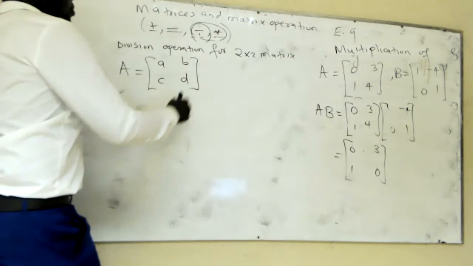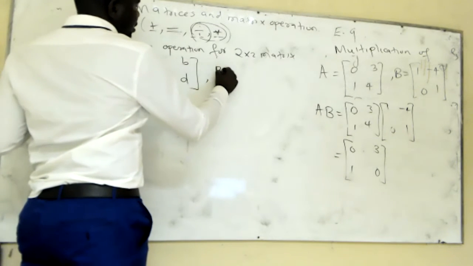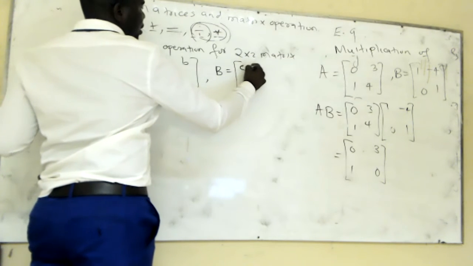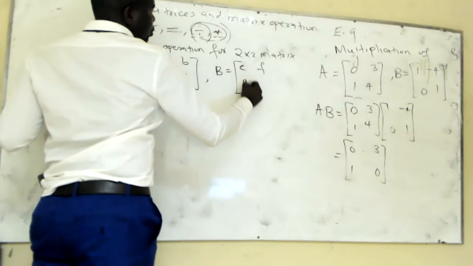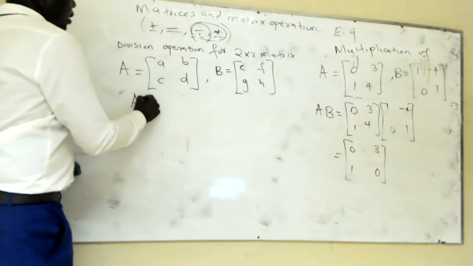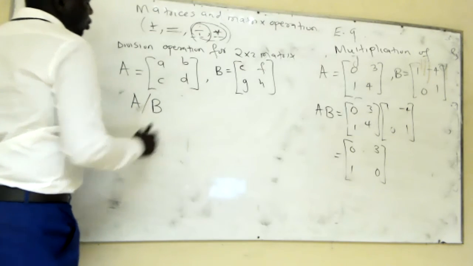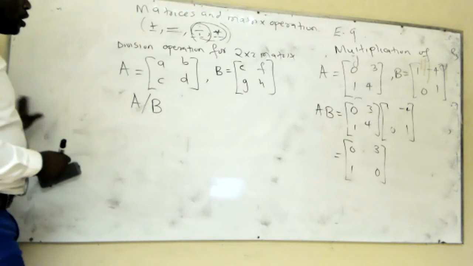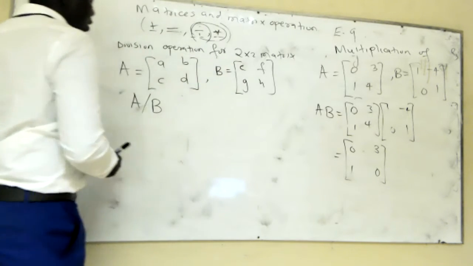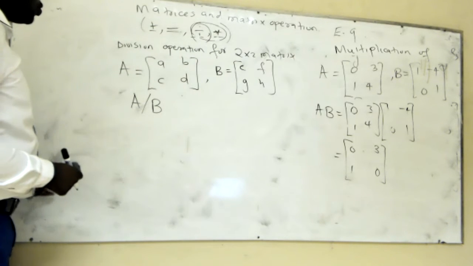We're given matrix A and matrix B of E, F, G, H. So I believe you may say the division of A with B is going to be given by something like that, where you divide A by E, B by F. No, it doesn't work like that with this one. So this is what you're supposed to do.